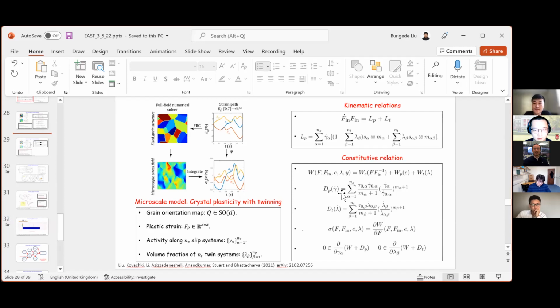So I mean, we can of course include viscoelasticity, if we have the microscale physics that ends up being what we call viscoelasticity at the macroscale.